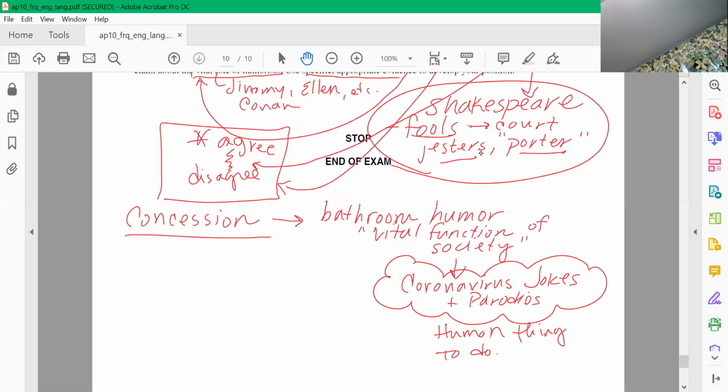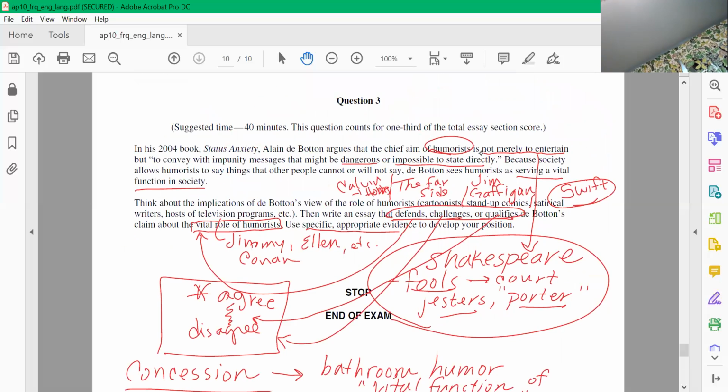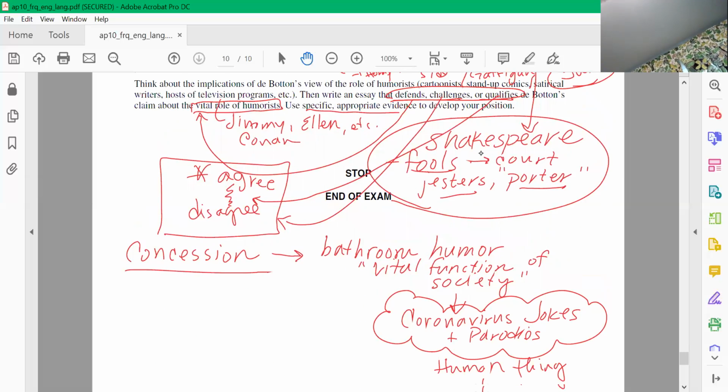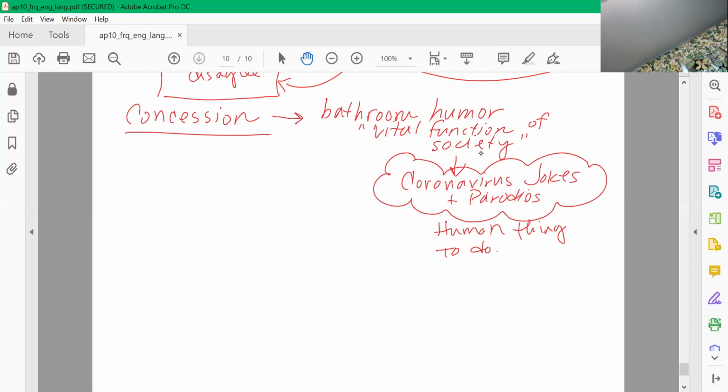All right, so I've already thought through some stuff, and guess what? I have a lot of places I could go, but I'm not done yet because I've got to think of what I want my body paragraphs to really be about. What do I think is this actual vital function of society? Well, one thing I think about is political commentary.